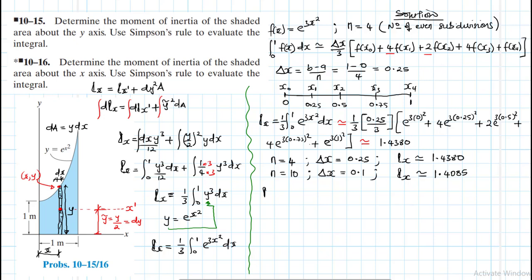The moment of inertia about the y-axis is equal to the integral of x squared dA, and we already have the dA. We are integrating with respect to x, so the limits are the same, from 0 to 1. Our dA is just y dx, and our y is equal to e to the power x squared.